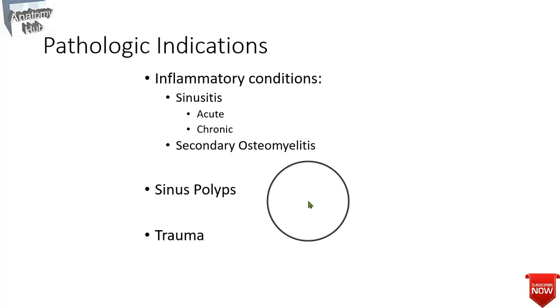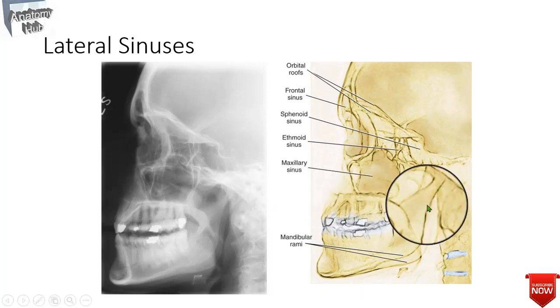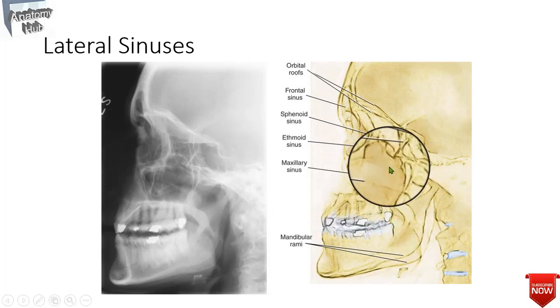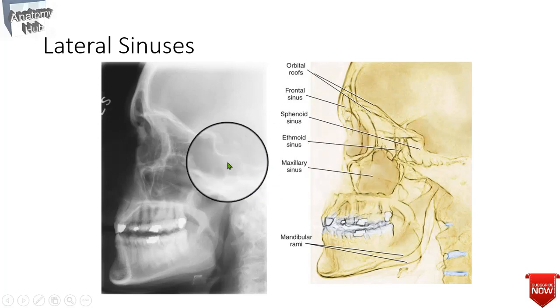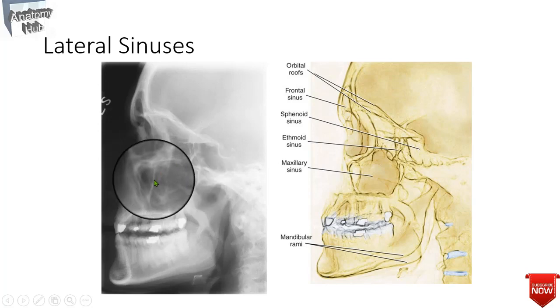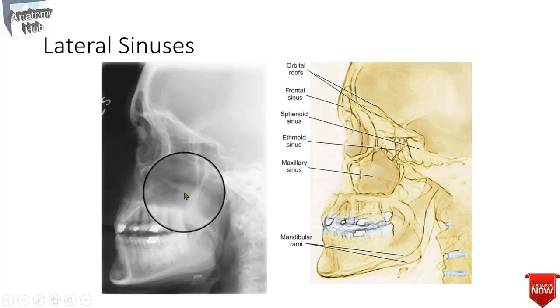So all this you can observe here in the X-ray view. So this is your lateral view of the skull, and here you can see the maxillary sinus, and you can compare the sinus with the X-ray. Now here you can see clearly the sinus is present over here, and it is black in color. It is not so black, which indicates the presence of air.